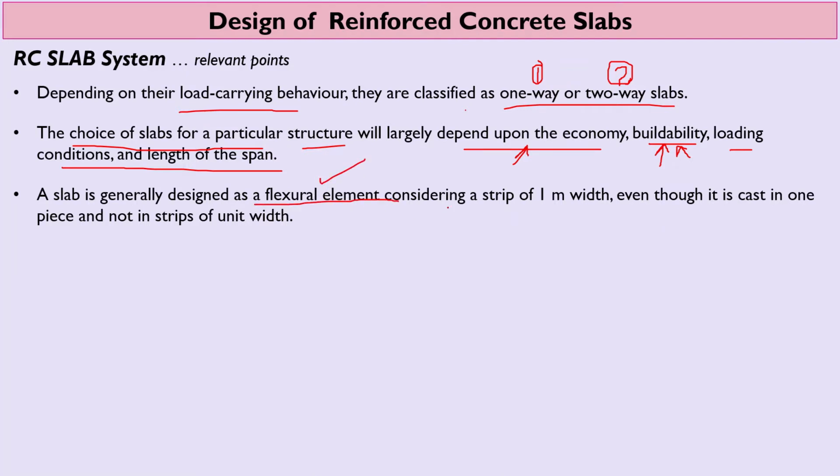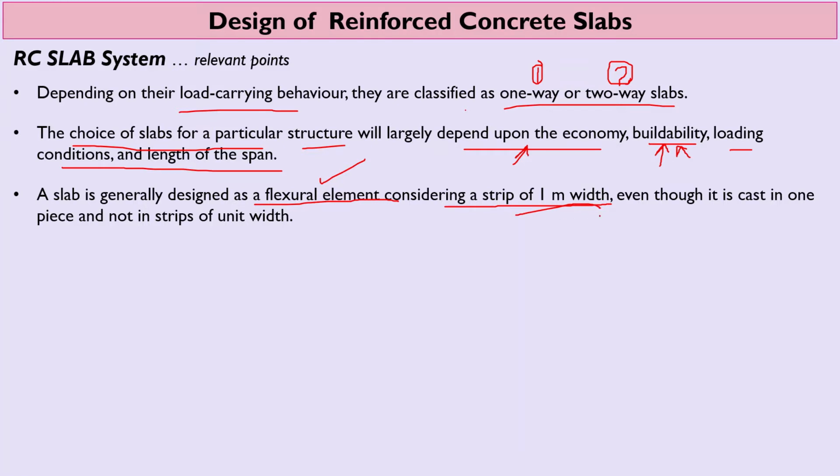Here, what we have to do is take a strip of 1 meter width. That means if a slab is, suppose, 10 meters long, then we will be designing a 1 meter strip of the slab, and whatever reinforcement we are able to get will be carried forward throughout the slab.